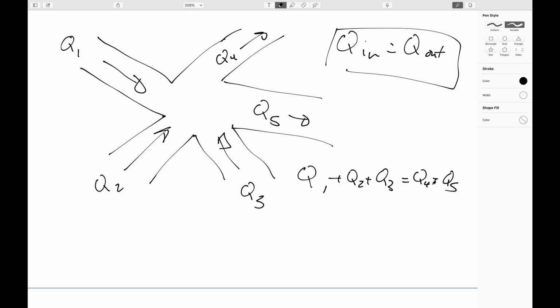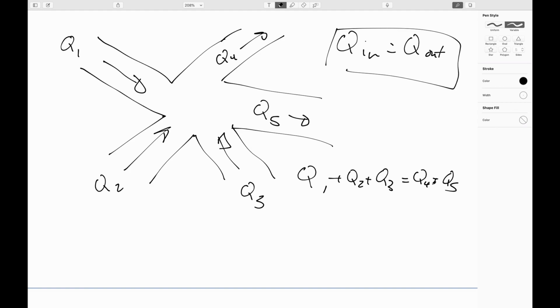And by the way, this sort of thing shows up in a whole bunch of really weird places that you might not realize. For instance, in the study of traffic flows, this would be an intersection. And so this is saying that, on average, the number of cars that enter an intersection every minute or hour or whatever have to equal the number of cars exiting, or else you've got a problem.